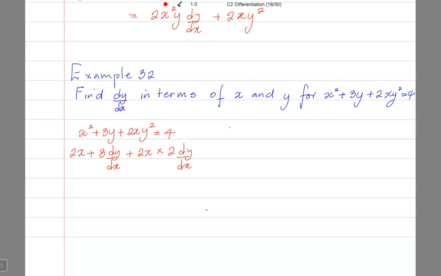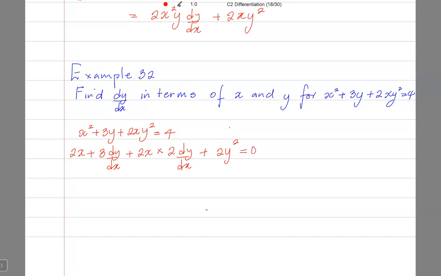That's leave the first, differentiate the second, plus differentiate the first. The first part is 2x. When you differentiate 2x, you're going to get just 2. Leave the second, y squared. And this is equal to, when you differentiate 4 over the right-hand side, you're going to get 0.